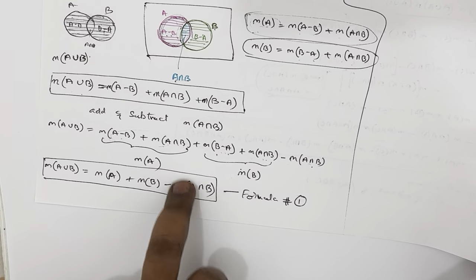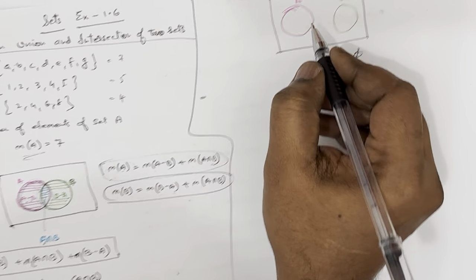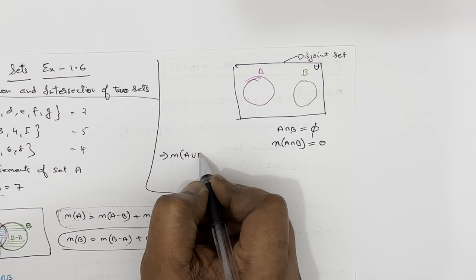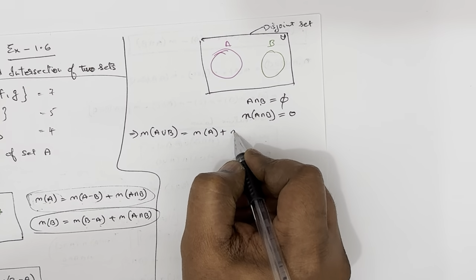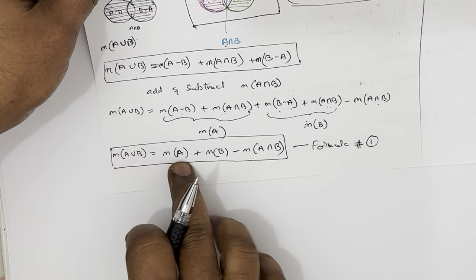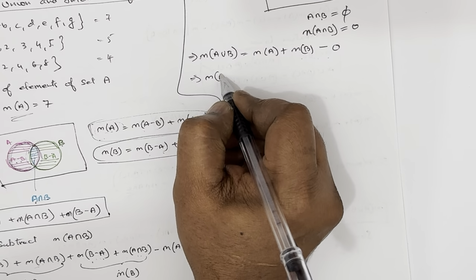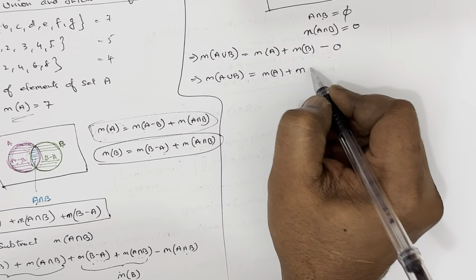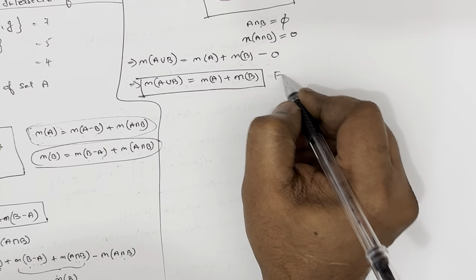So for this type of disjoint sets, the total number of elements of A union B is equal to N of A plus N of B, minus 0, since we don't have common elements. So it can be written as N of A union B equal to N of A plus N of B. That's it. This is formula number 2.